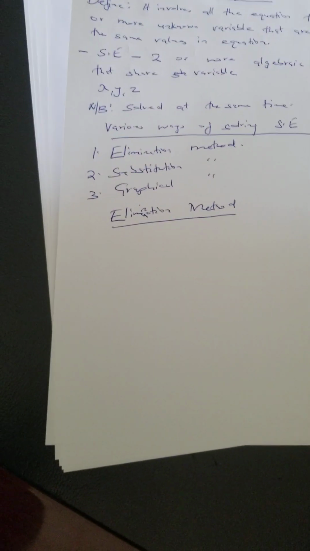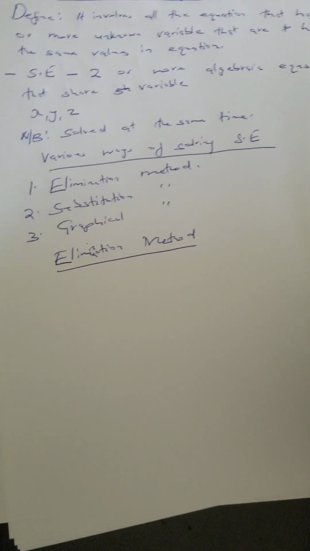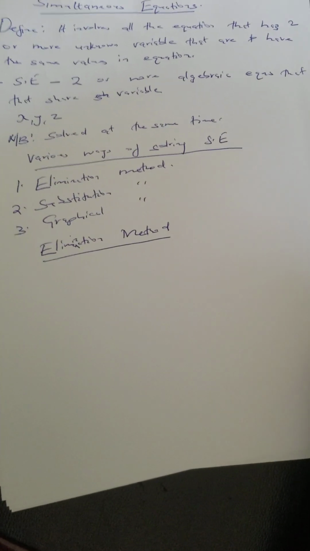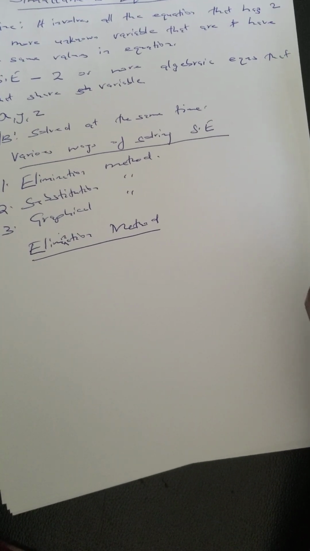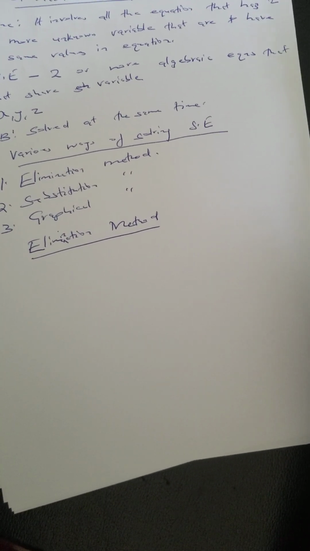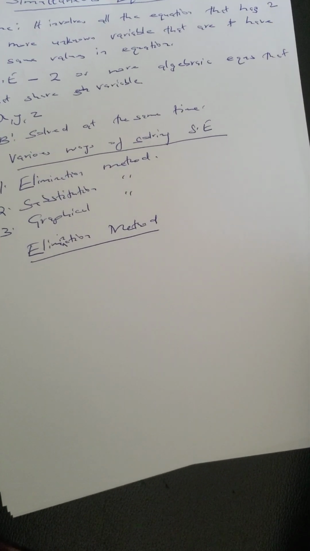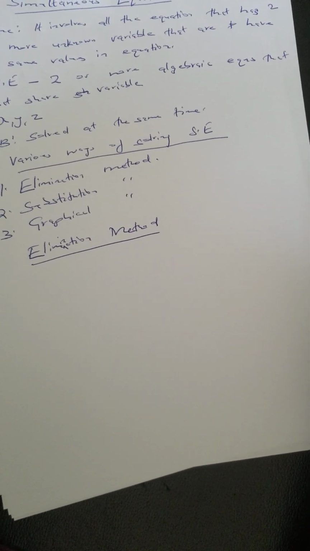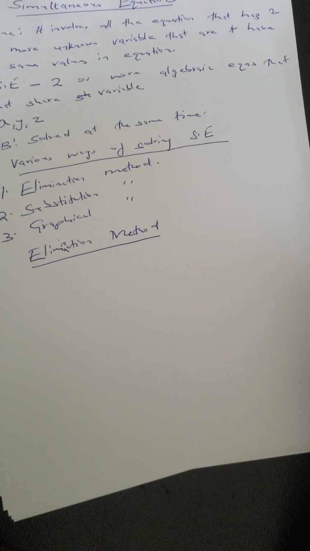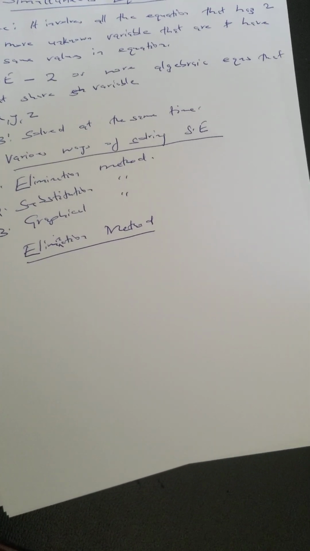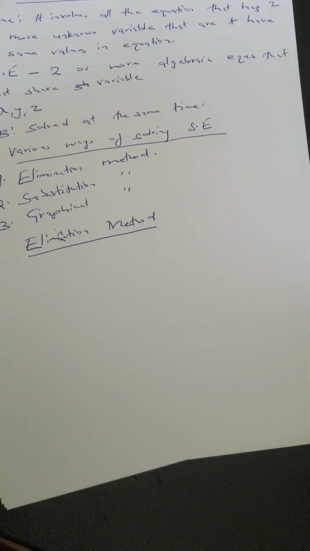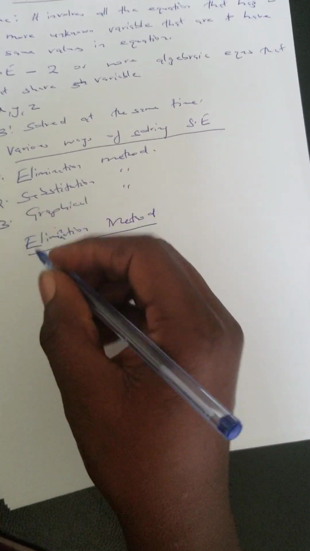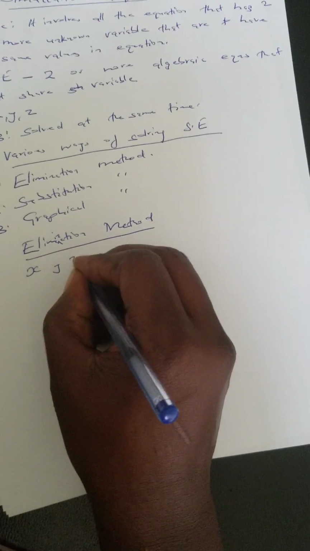Now, from the word go, we need to ask ourselves, what is the elimination method, or how can we apply it? We say that in the elimination method, we eliminate any one of the variables by using basic arithmetic operations and then simplify the equation to find the value of the other variables. Examples of variables that we are using are x, y, and z.